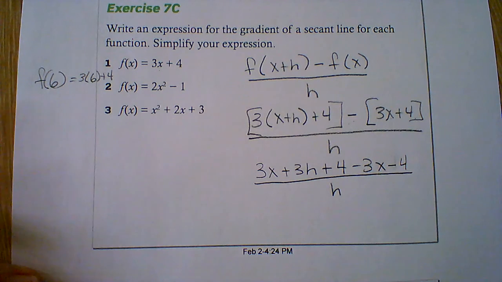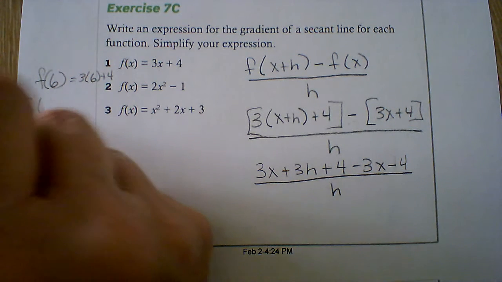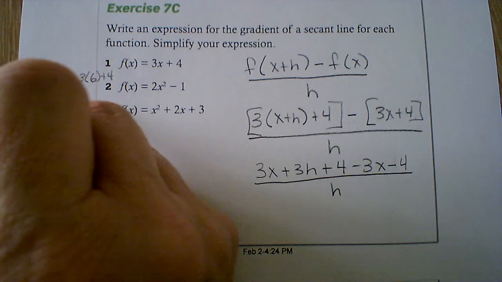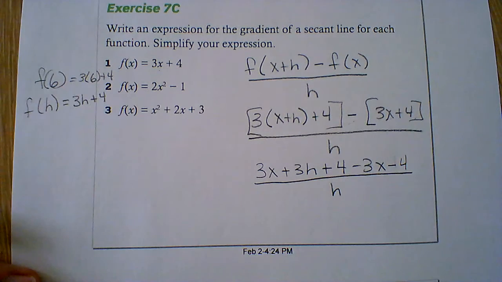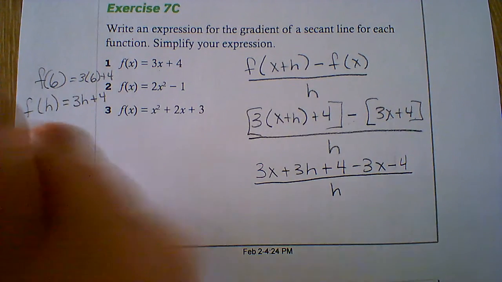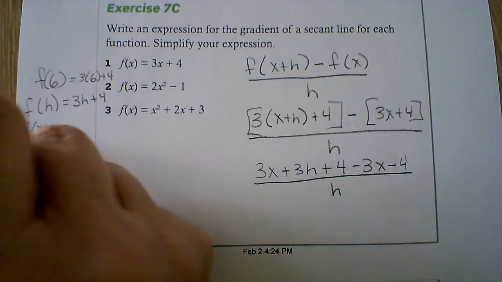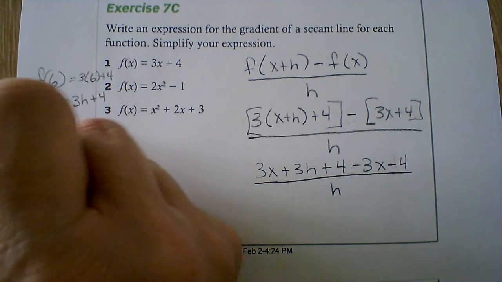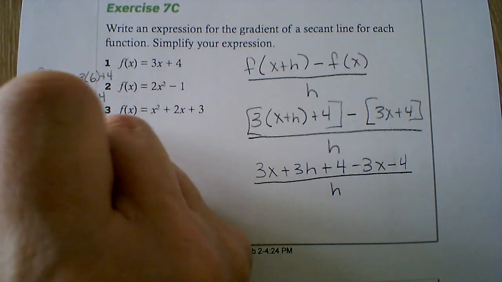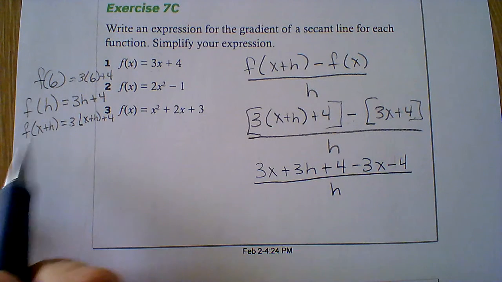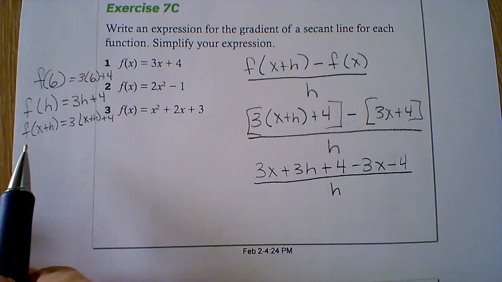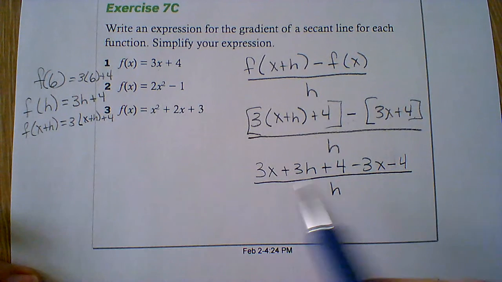That's how function notation works, right? So if I have f of h, I would replace x with h, right? If I have f of x plus h, I would replace x with x plus h, right? Whatever's in the parentheses tells me what to plug in for x.